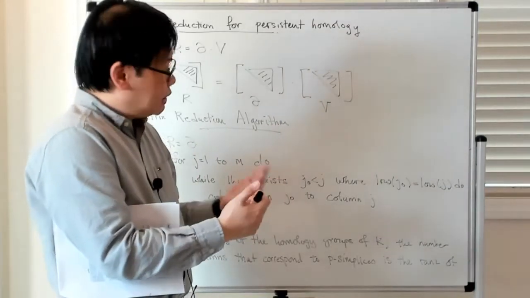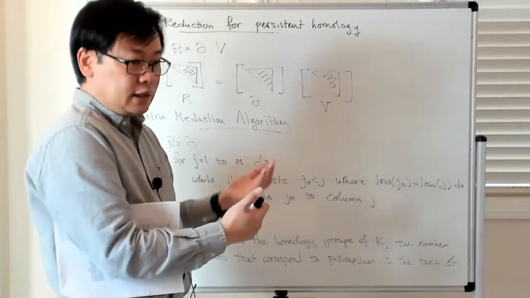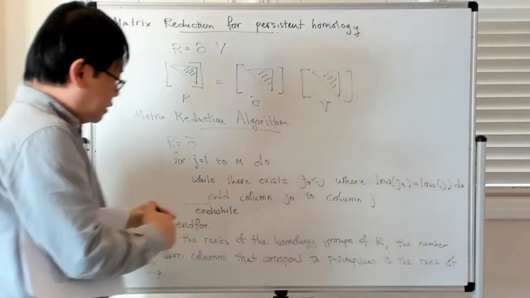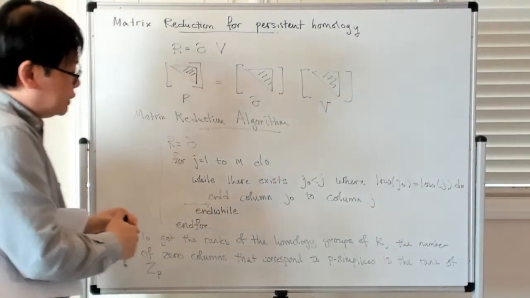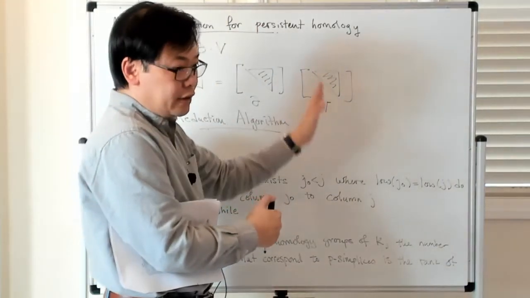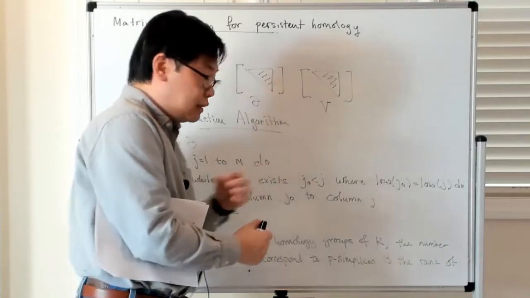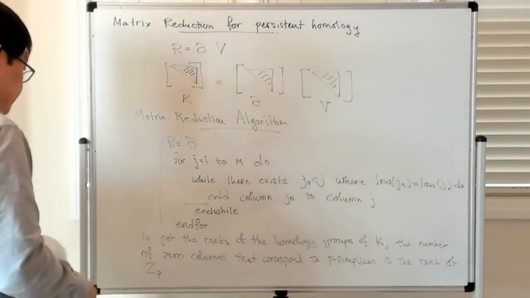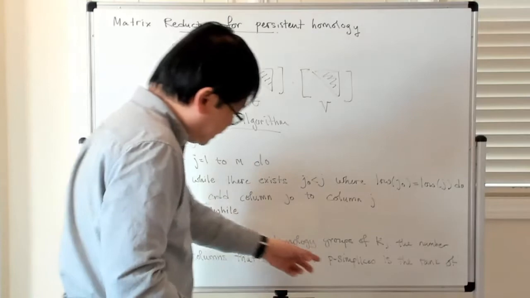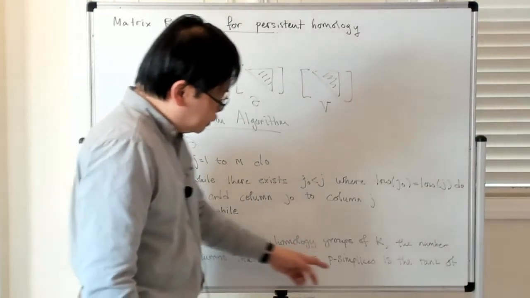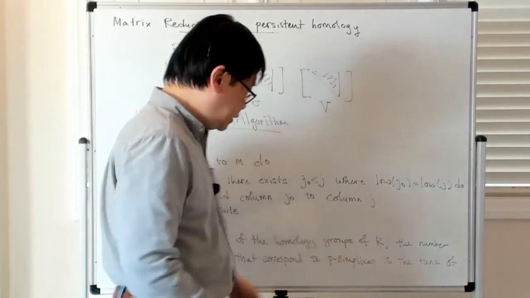It respects the grading coming from the dimension when you do these column operations. So the point is that these columns retain the property that there is a well-defined dimension associated with each of them. So it makes sense to talk about looking at zero columns, which correspond to p simplices.